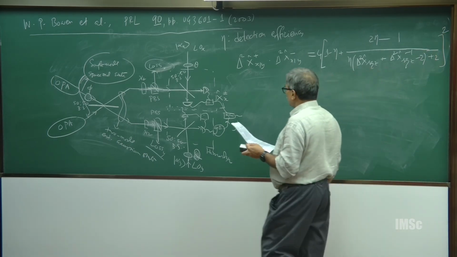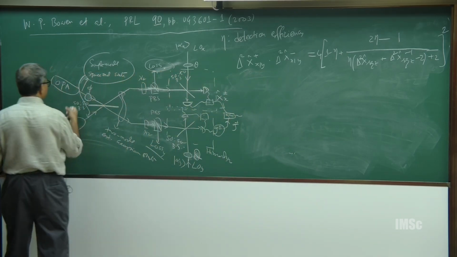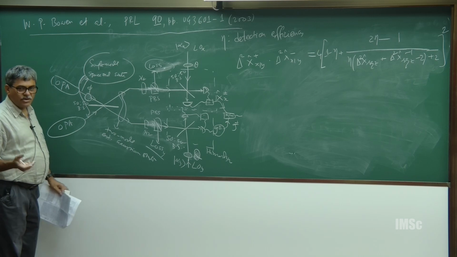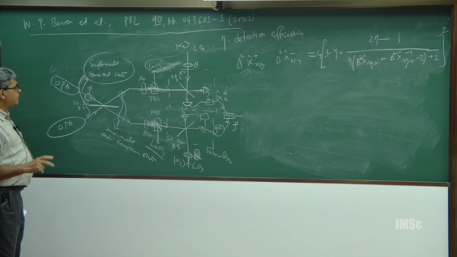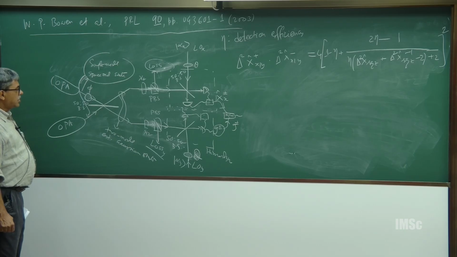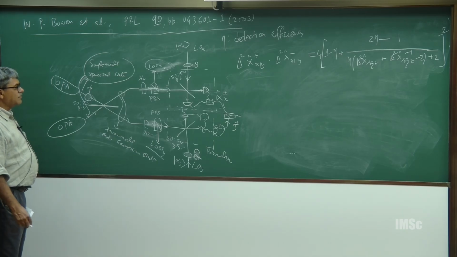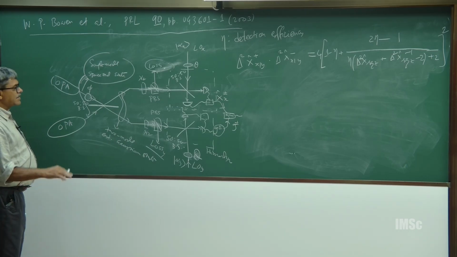So what is this uncertainty in squeezing? Because we said that the initial states, you are looking at the quadrature squeezing in this case, amplitude and phase squeezing. Whenever you do this amplitude phase squeezing, and this is also for other quadrature squeezing, you will have some sort of uncertainty in the squeezing.